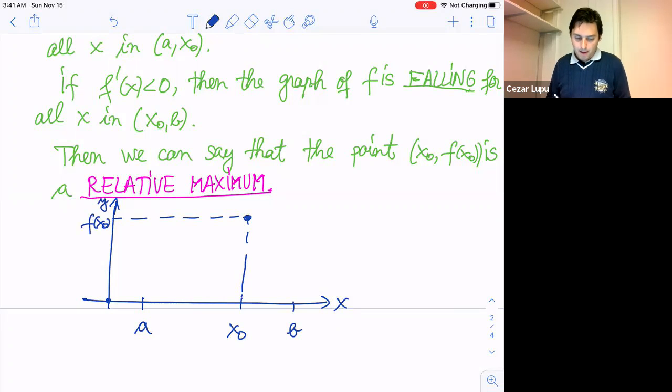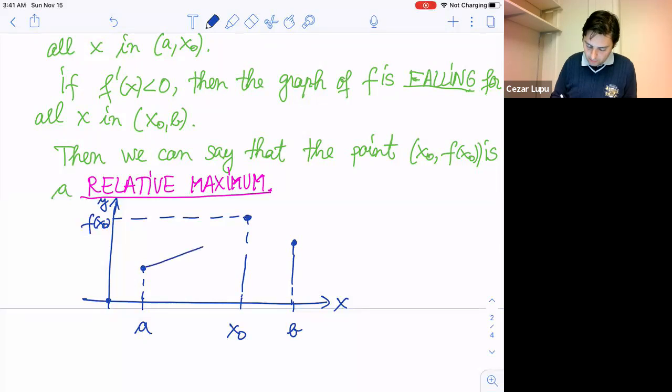All right. And let's just say that somewhere around here is my point, and somewhere around here is this. So the graph will be something like this.